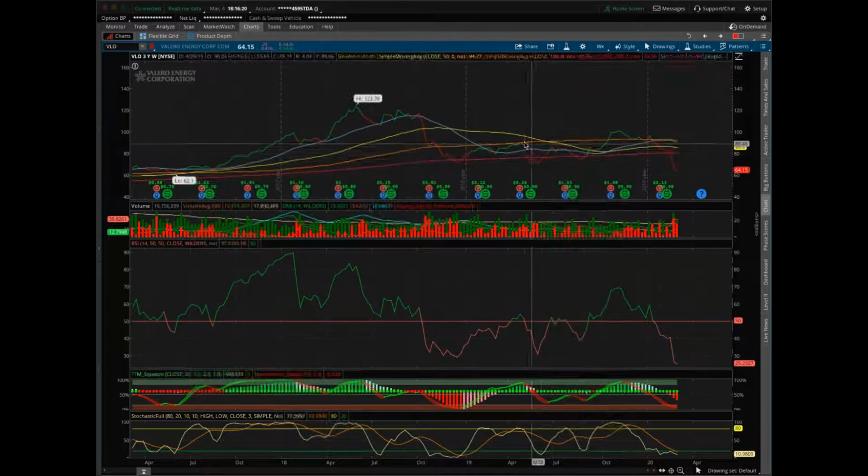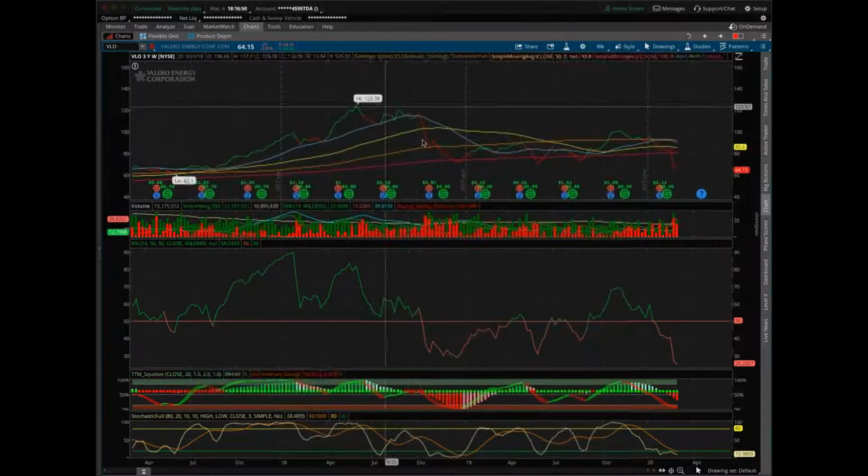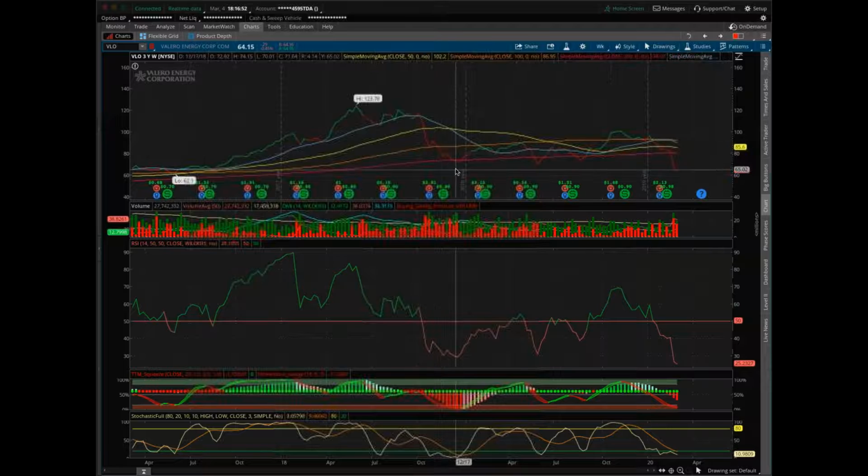So here we have a dip, RSI had a dip, we had a dip, made a new high. And then we're down and we're down. So the RSI and the stock chart are supposed to be pretty much identical.